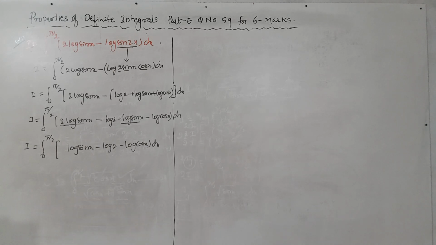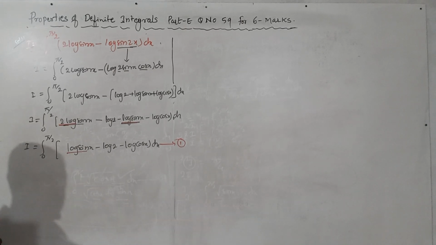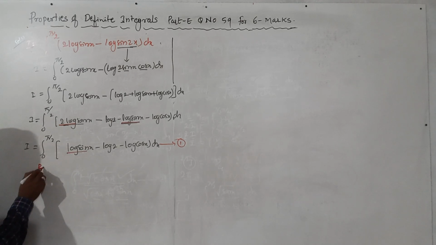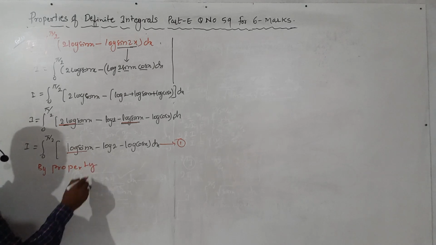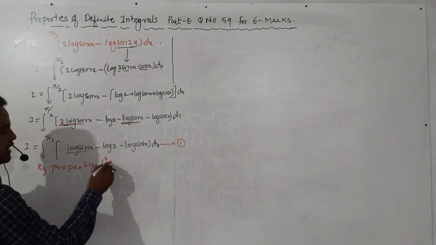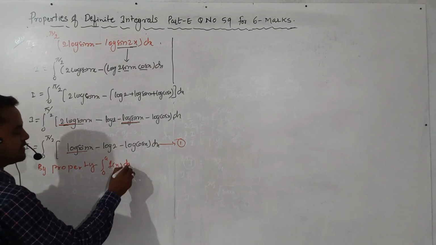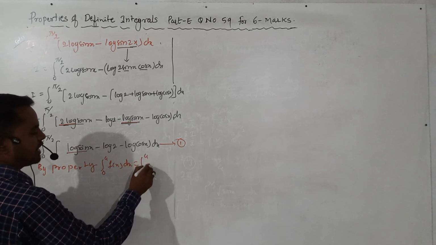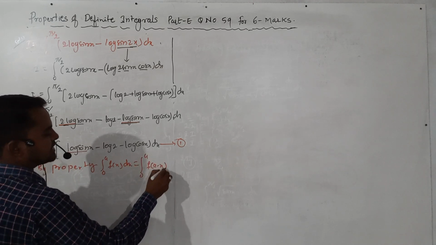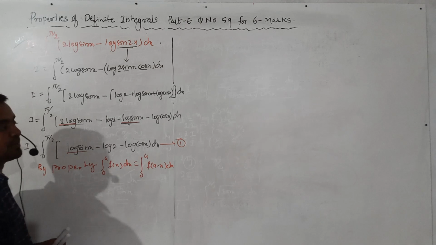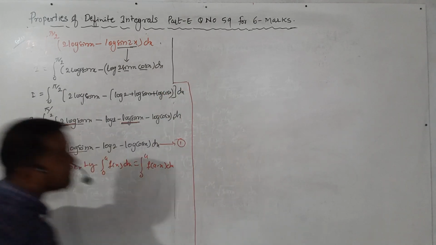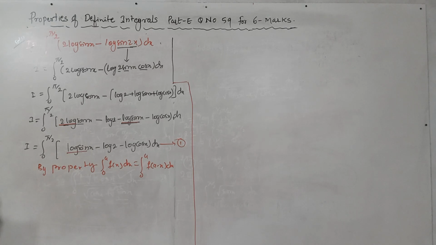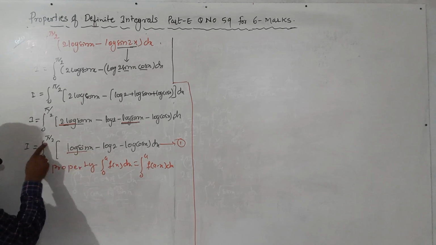Now by the property, integral 0 to a of f of x dx equals integral 0 to a of f of a minus x dx, I am applying this property here. Wherever x is there, apply 5 by 2 minus x.